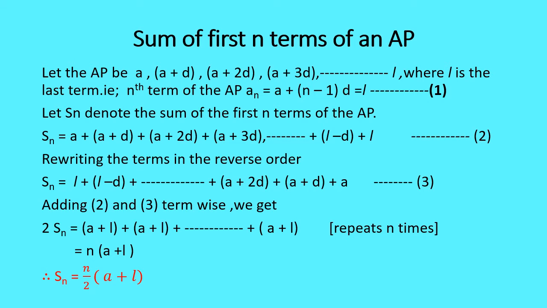When the first term and the last term are given, you can find the sum of the series by using this formula, that is Sn equal to n upon 2 multiplied by a plus l.